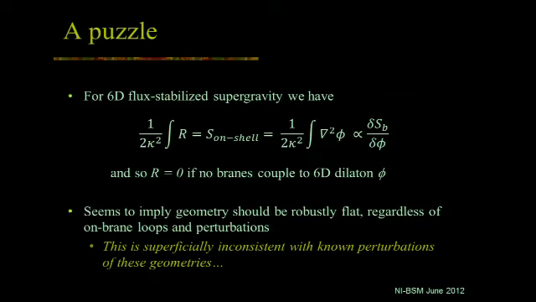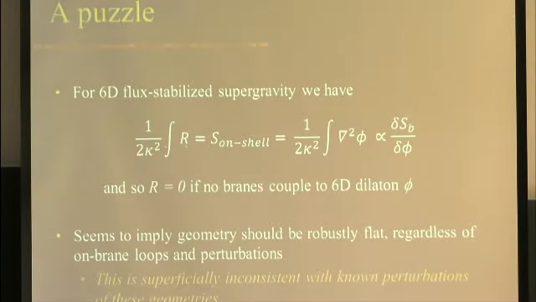And so by the matching conditions, if I integrate this using Gauss's theorem and trade it for a normal derivative near the branes, then that radial derivative will be proportional to the derivative of the source action with respect to the dilaton. And so right without doing anything, the claim I would make is that a sufficient condition for having a flat geometry would be to have branes that do not couple to the dilaton. And that's going to transpire to be true at the end of the day, but I'm going to show you that there's a paradox in that statement.